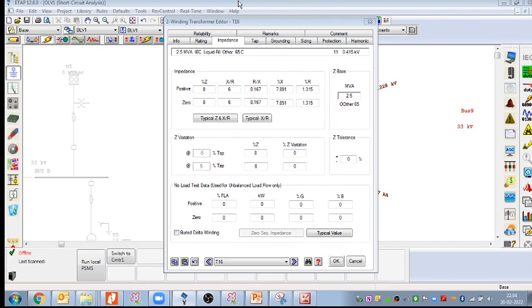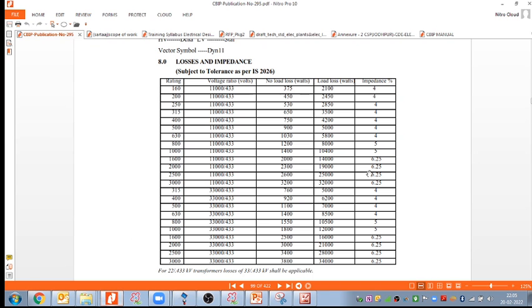So why the 6.25? Because ETAP has taken this value directly as per the standards of the transformer. So I am showing you the standards of the transformer here, 6.25. Now I am diverting from the standard to meet the fault current, to reduce the fault current rating.